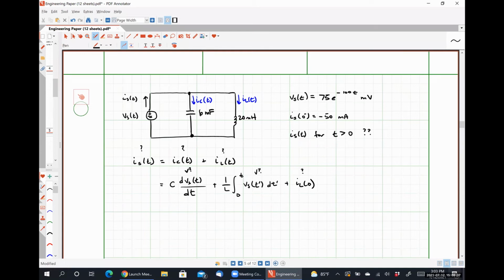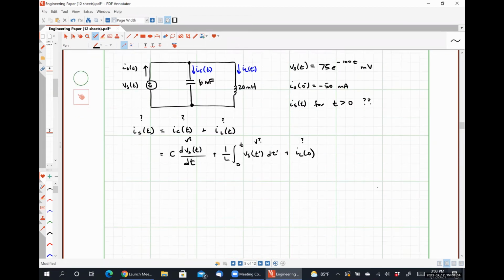So which part do you guys want to do first? The derivative portion or the integral portion? Start with the derivative. The derivative, okay? So let's break this guy into easily digestible chunks.